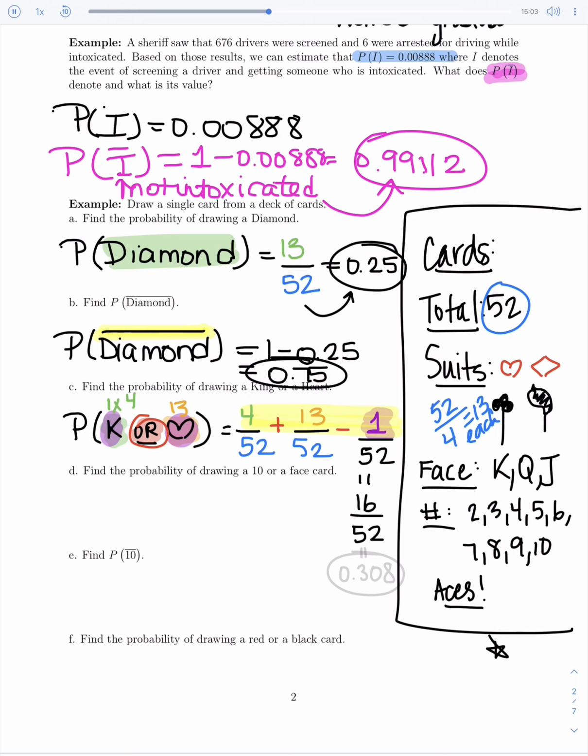I know that can be reduced, but we're not really worried about it. Instead we'll convert it into a decimal. 16 divided by 52 is 0.308. So that's your probability of drawing a card that is either a king or a heart.